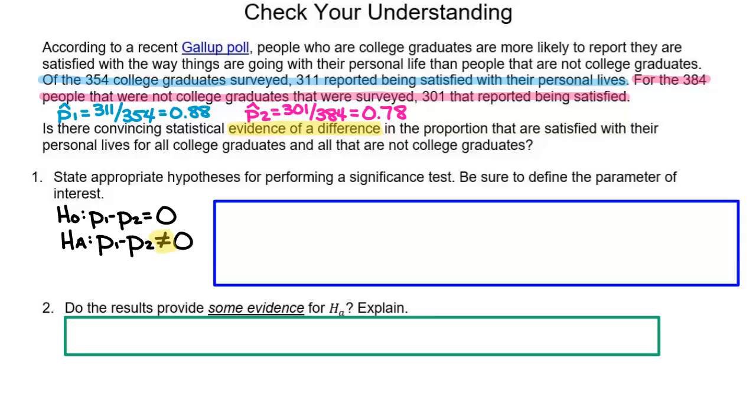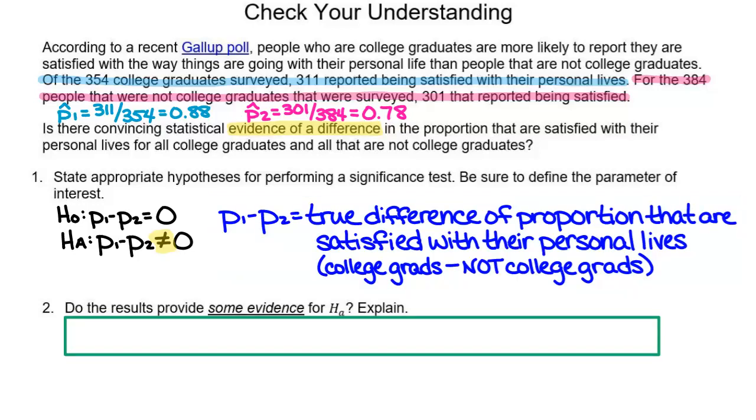Give me a word that means subtraction. Difference. So this would be the true difference of proportions for people that are satisfied with their personal lives, and we're going to do college grads minus not college grads.